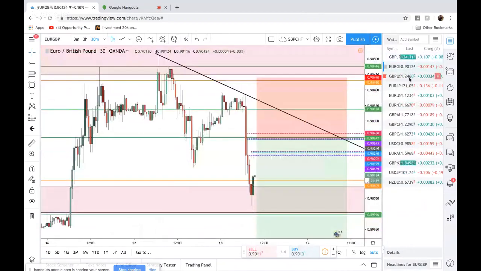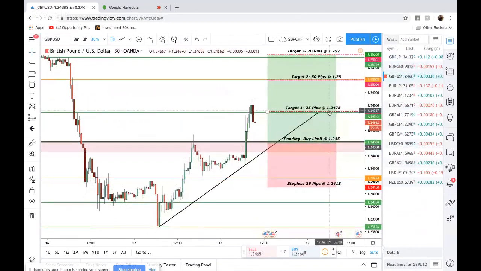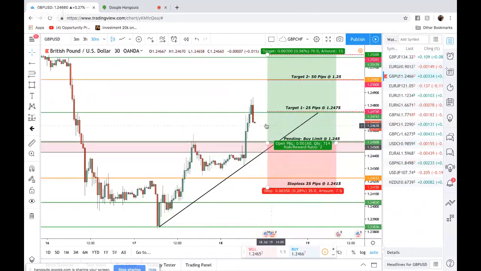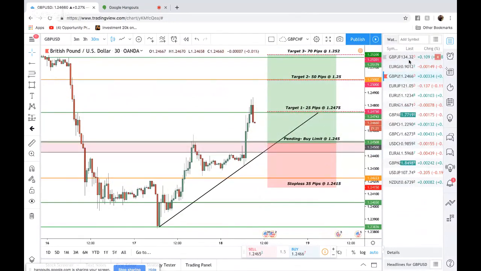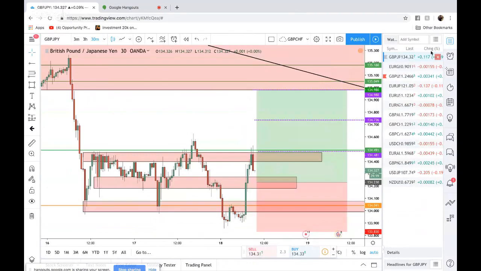I like it. I like it. We just need a little bit more of a push on the retracement. We are golden.